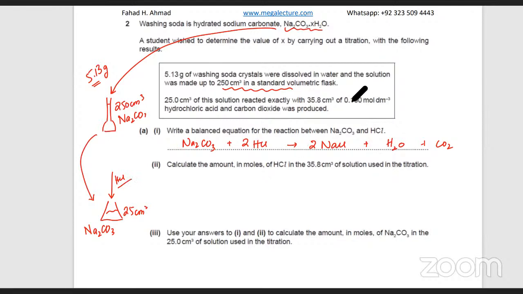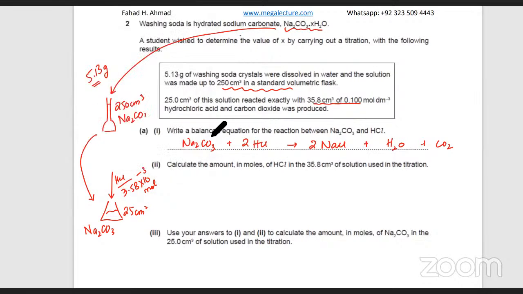The HCl volume and concentration is given, so you can find the moles of HCl. So how many moles do we have? It's 3.58 times 10 raised to power minus 3 moles of HCl.